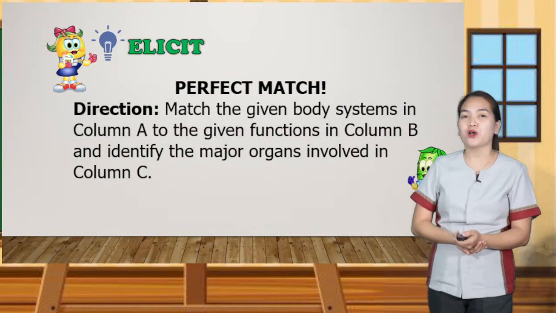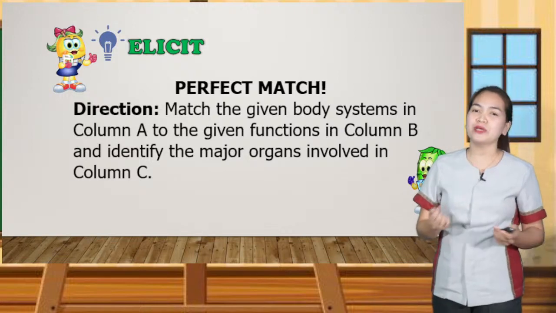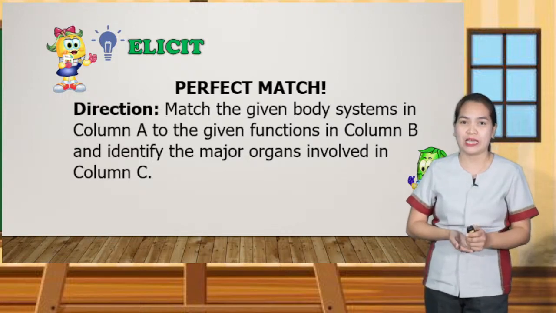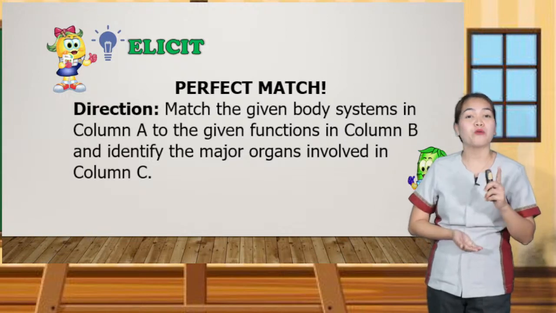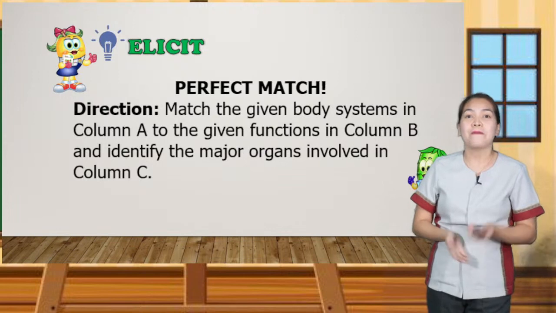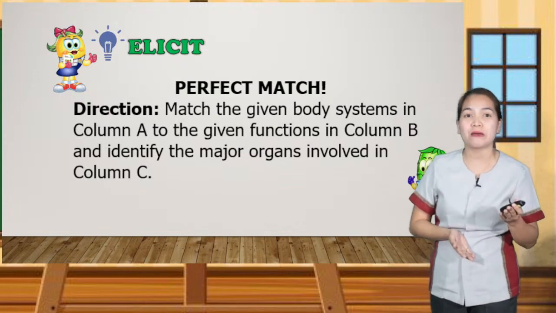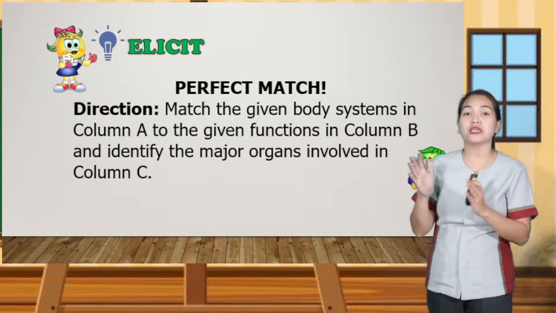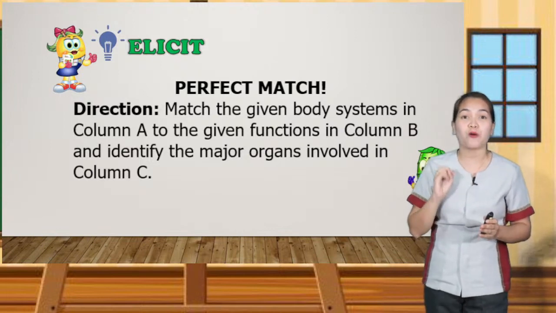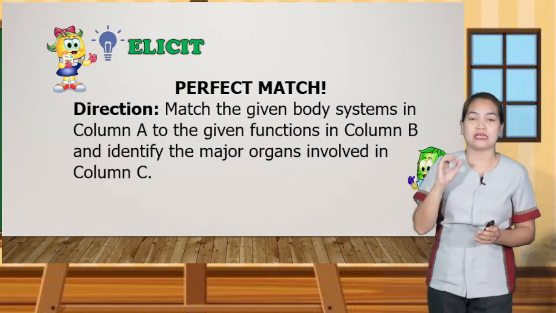Okay. So, before we start, I would like to check how far you understand our previous lesson. This activity we will be calling a perfect match. What you will do is match the given body system in column A to the given functions in column B and identify the major organs involved in column C. So, let's start.